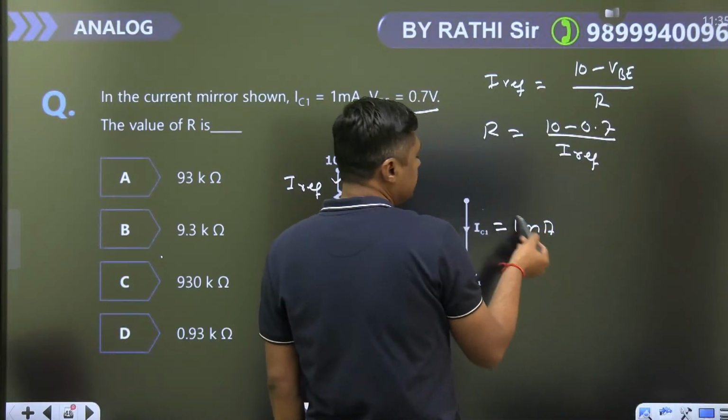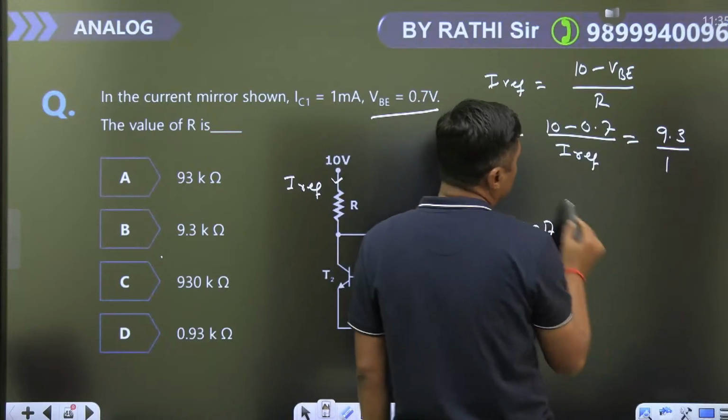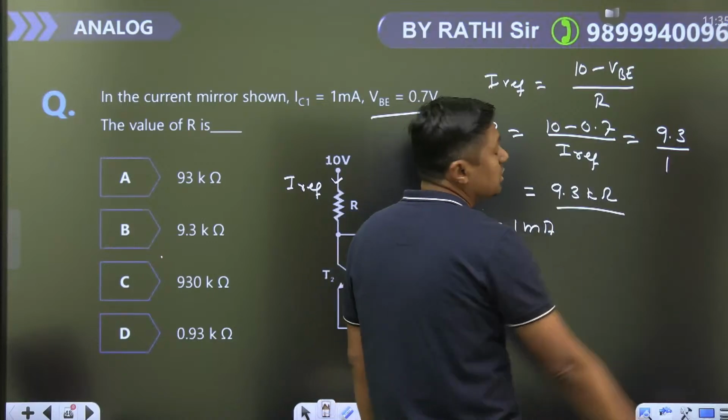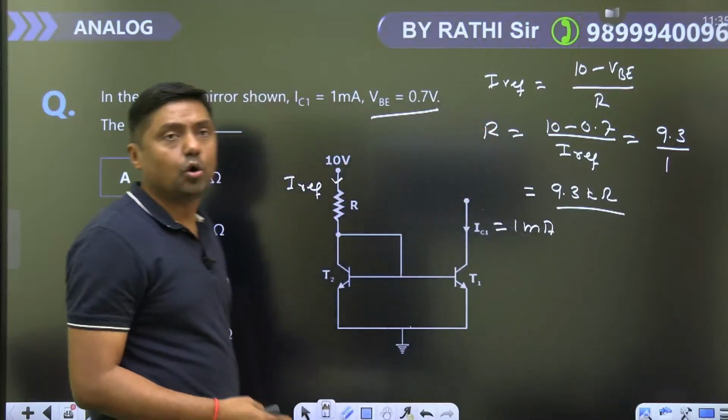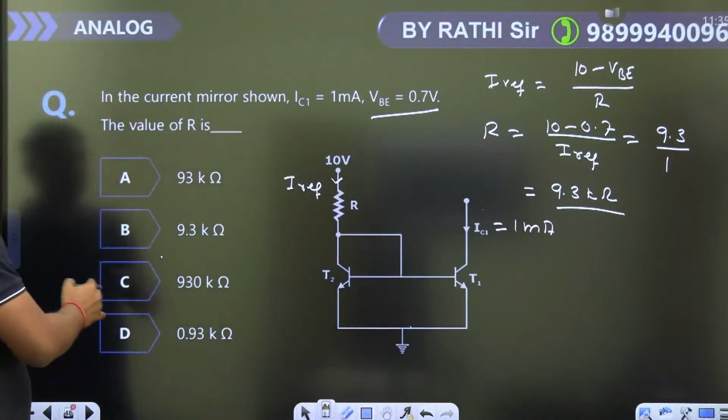What is the I reference? It is equal to 1 milliampere. So that is 9.3 divided by 1 milliampere. It will become 9.3 kilo ohm. So simple answer, 9.3 kilo ohm.